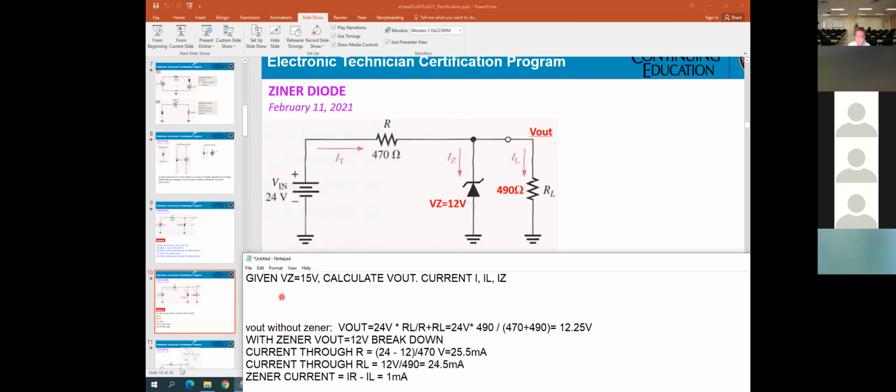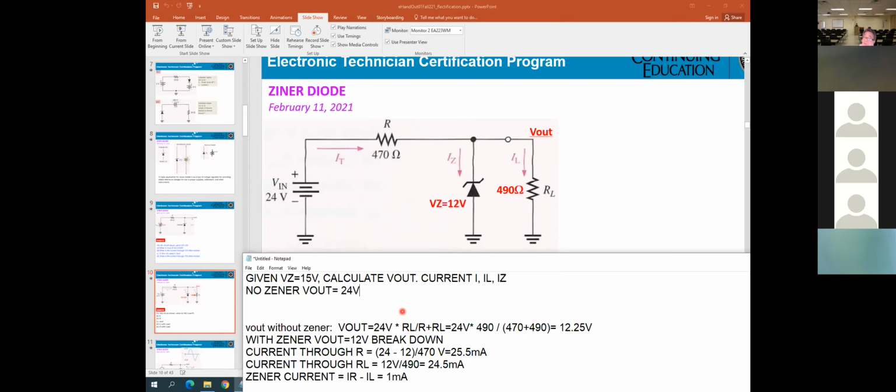So the 15 volt, then without Zener, no Zener, then Vout equals the same calculation. Okay, 24. Oh, not 24. Now we change to 15. No, it's still 24. It's still the same. VG, okay, still 24 volt.